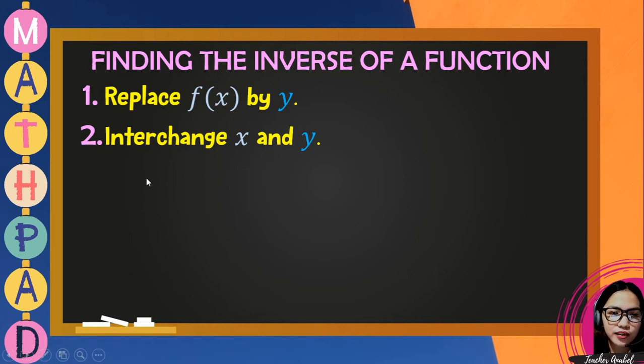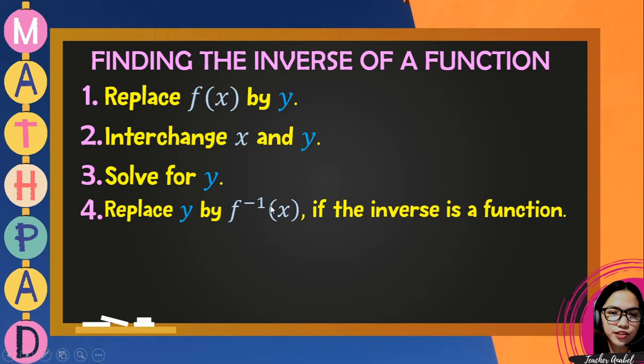And then solve the equation from step 2 for y. So this one is a bit messy, so you have to be careful with solving for y. Now, fourth, after solving for y, we replace this by the inverse of f of x.